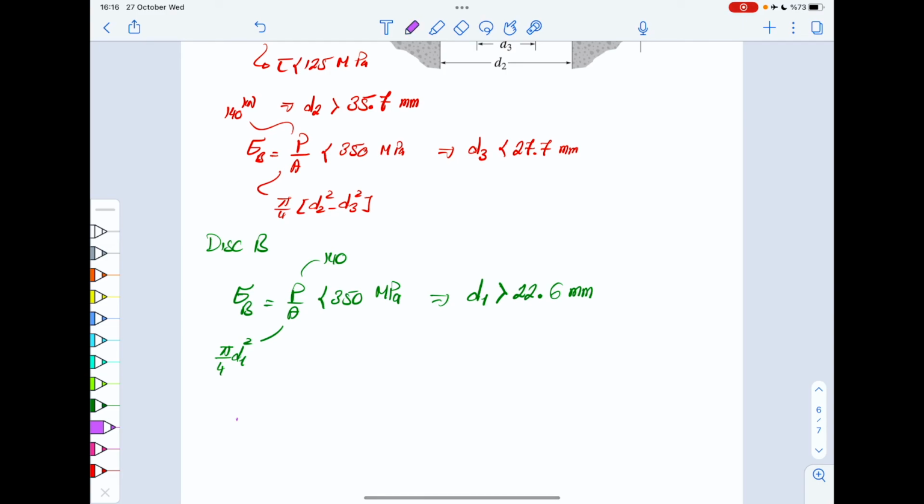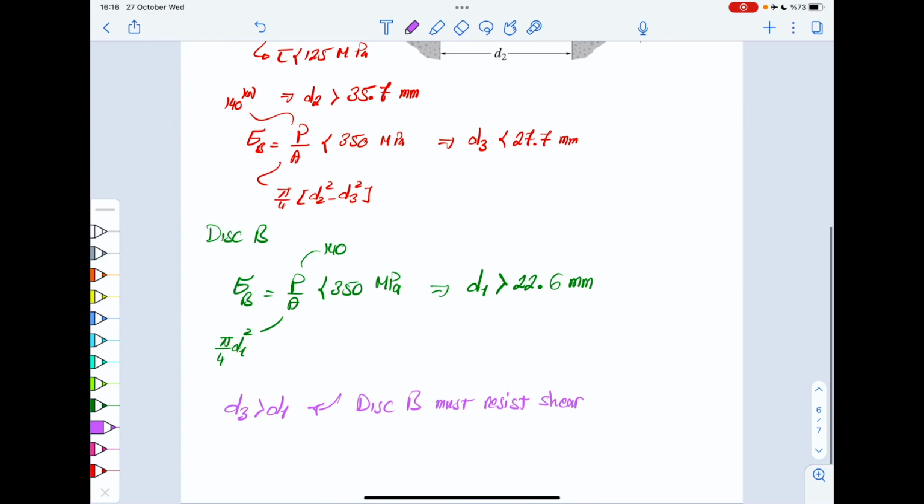Because D3 is larger than D1, disk B must resist shear. So what you need to do now is to make sure that if you use the same diameter as before, the shear stress that you get is smaller than 125 megapascal that is allowed. So you just do the same analysis.